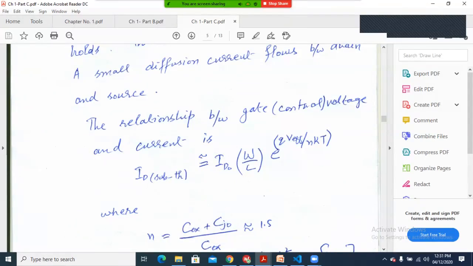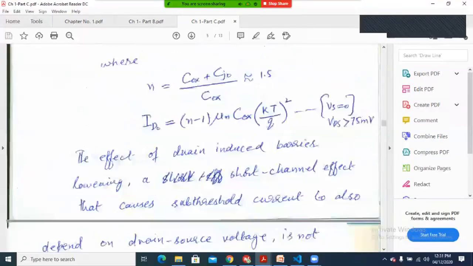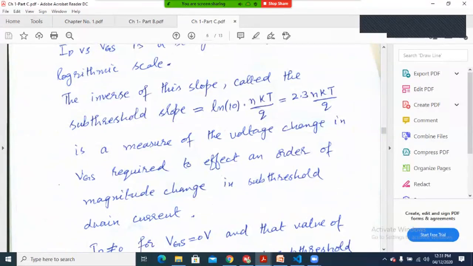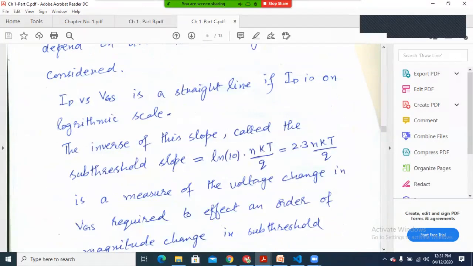So nkT by q, the inverse of q by nkT, is in fact the slope of the ID-VGS curve, and that slope is a straight line, and that is also called the sub-threshold slope.